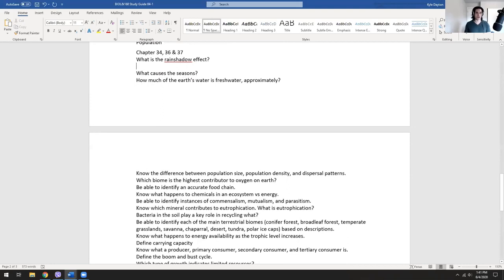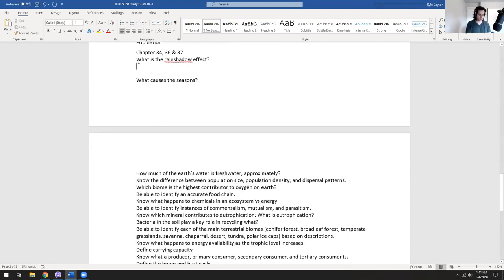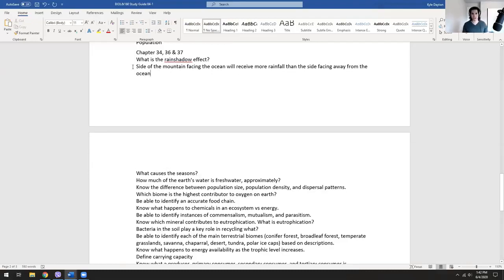So what's the rain shadow effect? We've got, this is going to be ocean, the side of the mountain facing the ocean will receive more rainfall than the side facing away from the ocean. We'll see it in California too.